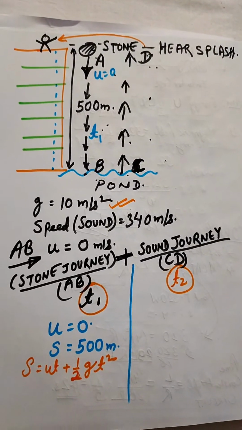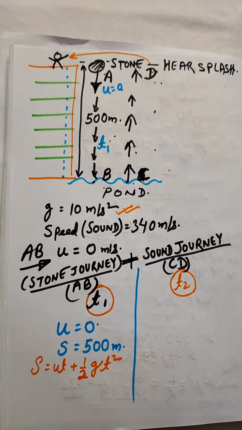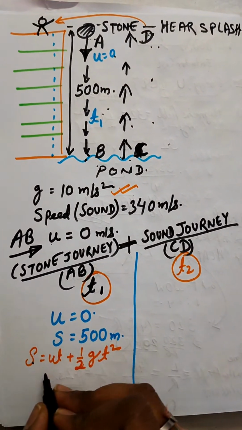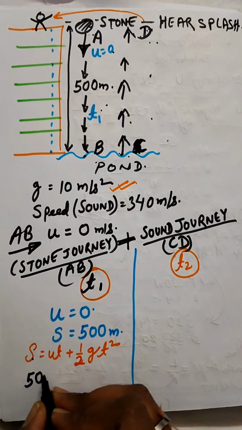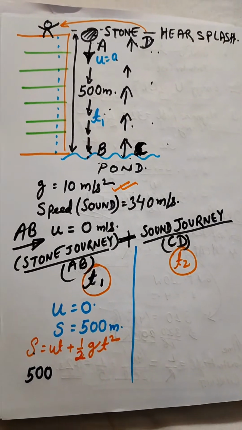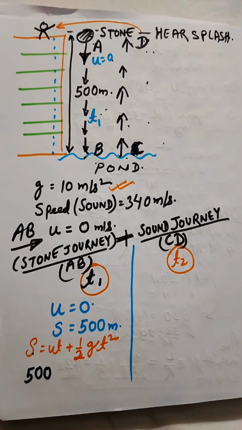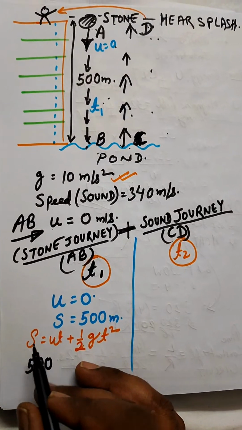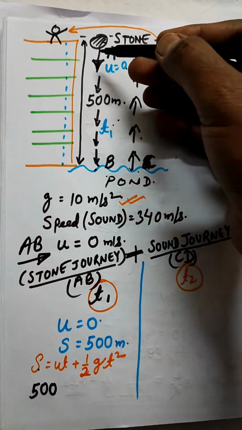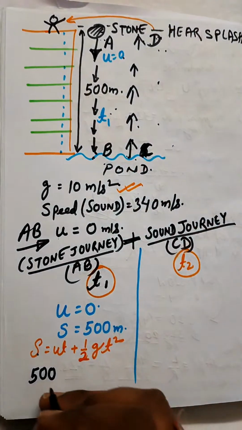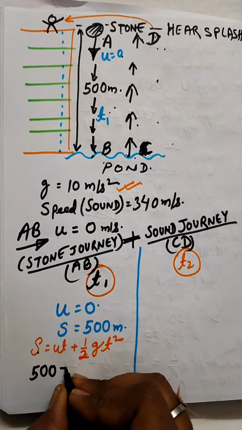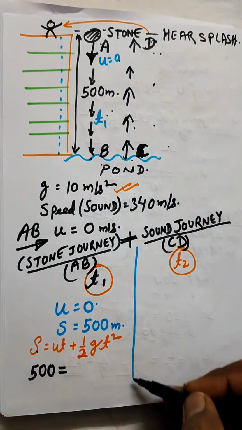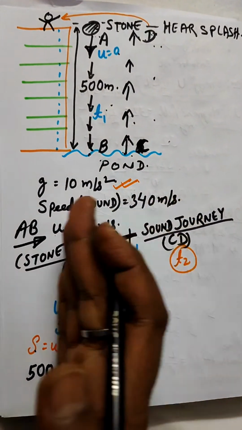Now here what we did, we just put up the values. So putting S, that is the net displacement, you can see here it's 500. So putting up the value of 500 for S, that is the net displacement when the stone is going downward, for the AB journey I am considering, okay? For the AB journey I am writing over the left side.